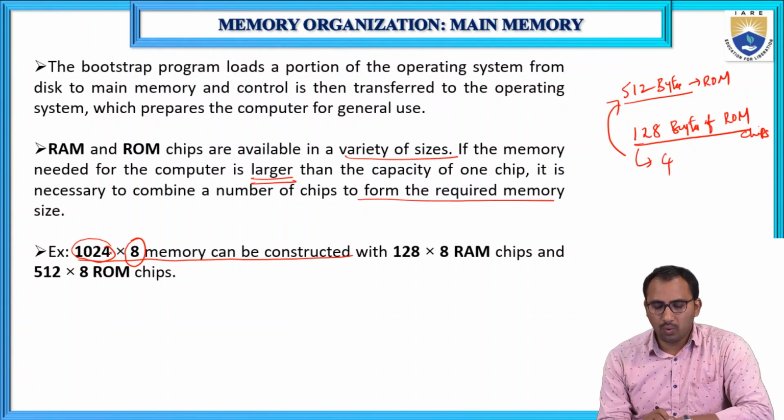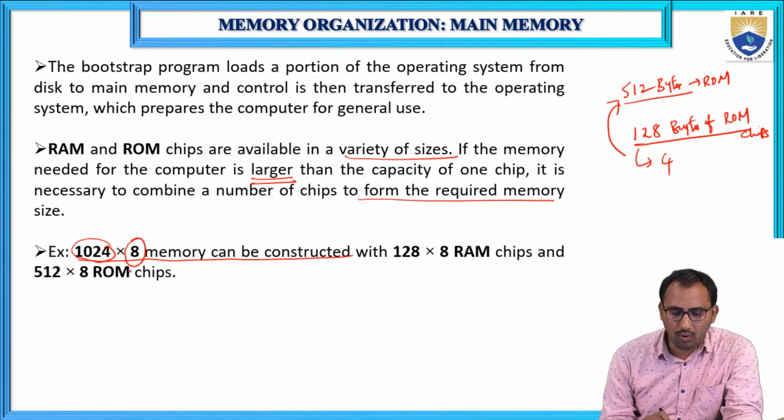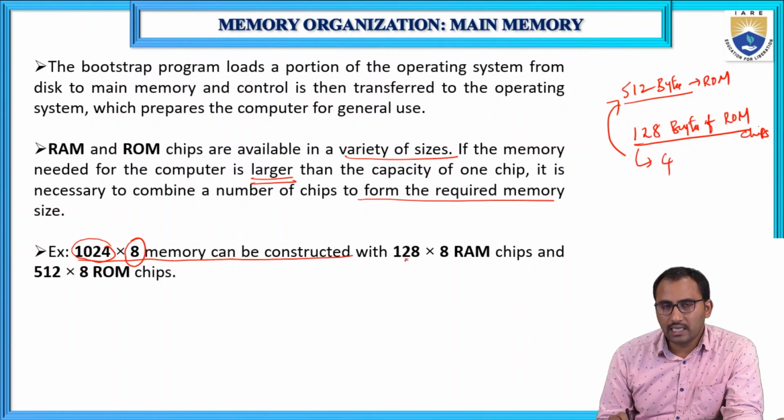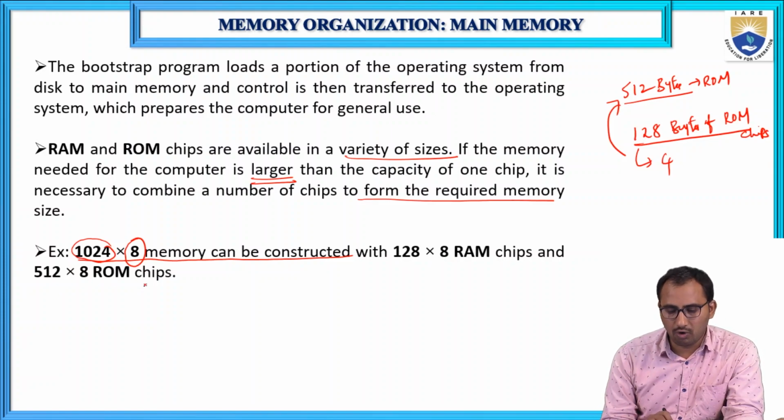So I am going to construct 1024 by 8 with 128 by 8 RAM chips and 512 by 8 ROM chips. So 128 by 8 RAM chips are there, and 512 by 8 ROM chips are there.